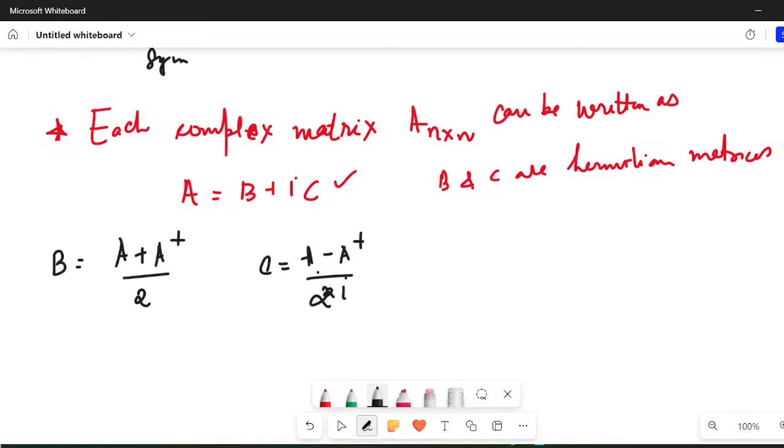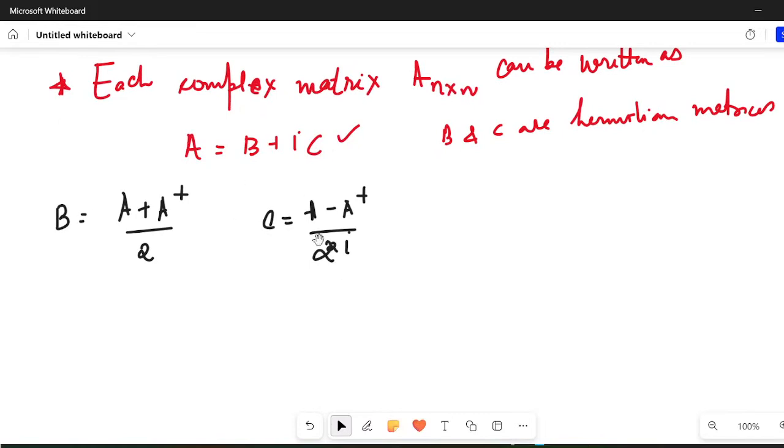In that fashion only, every complex matrix can be written in terms of Hermitian matrices B and C, and it's quite easy to see that B and C are Hermitian.